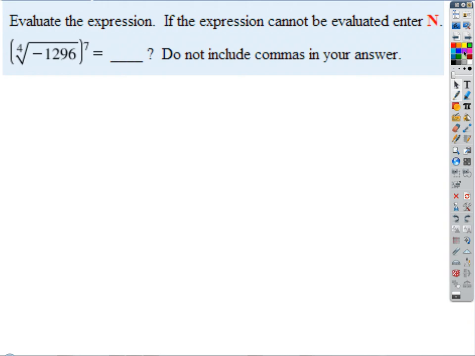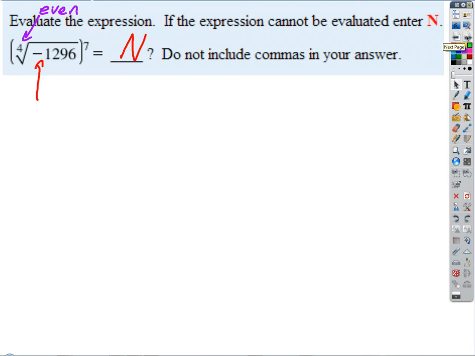Because the 4 is even, and this is a negative number, we know that there's no answer. We can't take an even root of a negative number. Never have been able to, never will be. Odd roots are just fine. It's only even roots that we can't do that with, right? What if the odd root was like 3 and the even one was like 4?